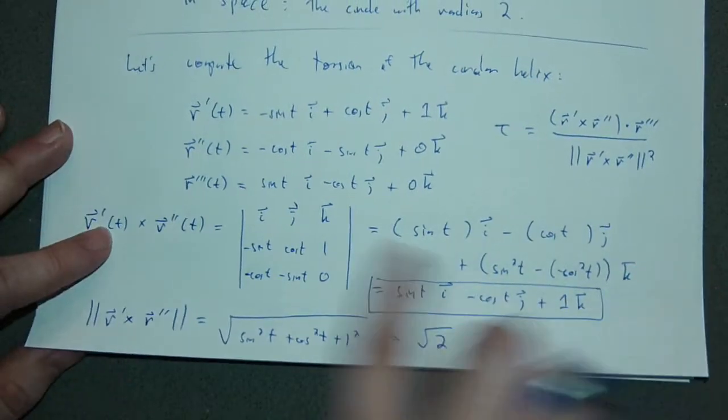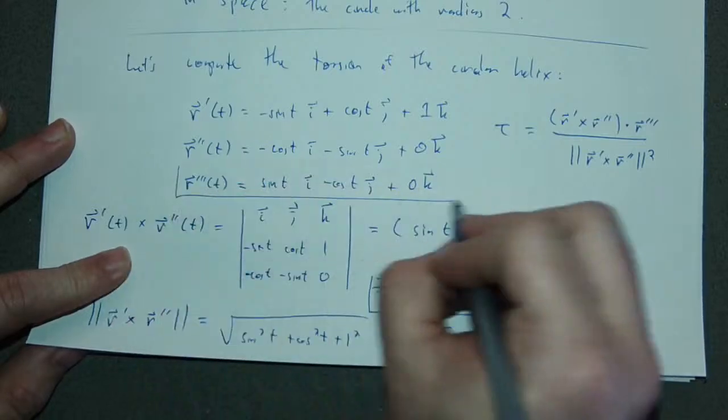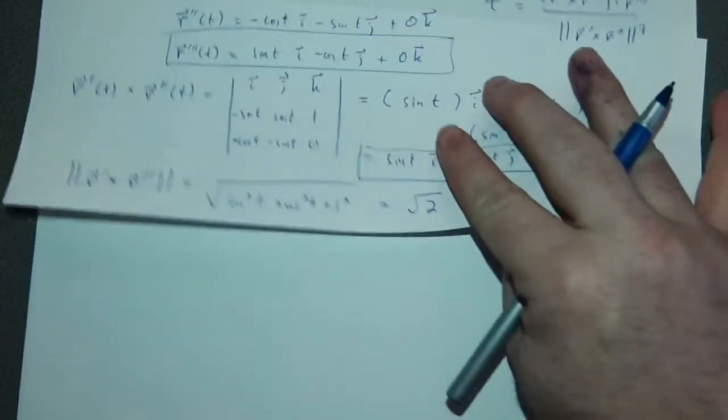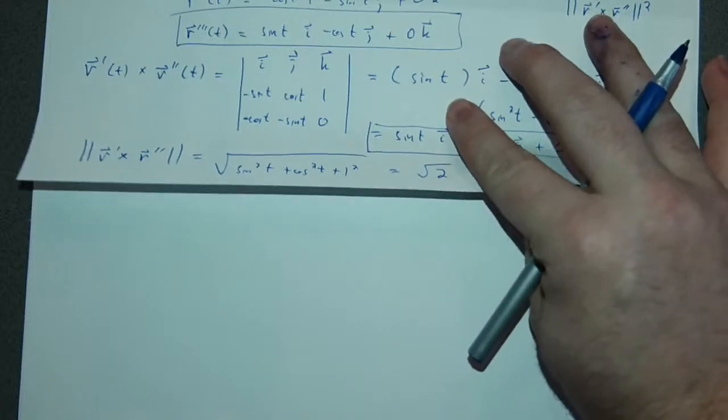All right. So now I need to dot r triple prime and this cross product. Let me leave that on the top of the page here.